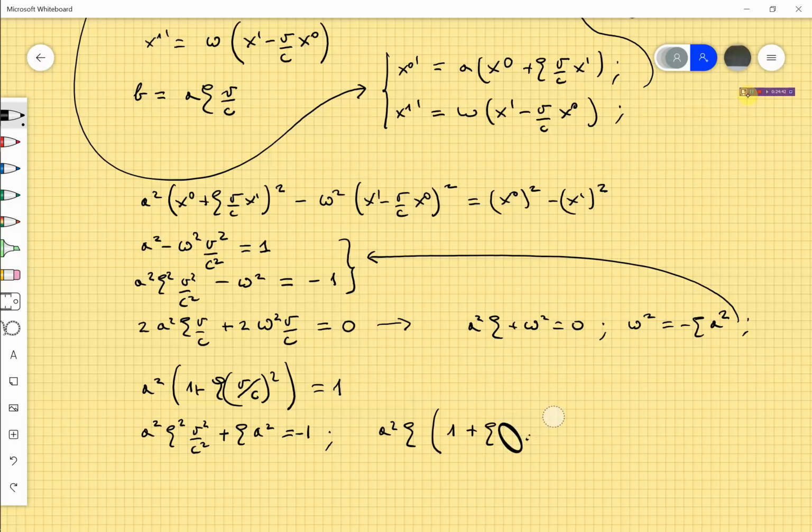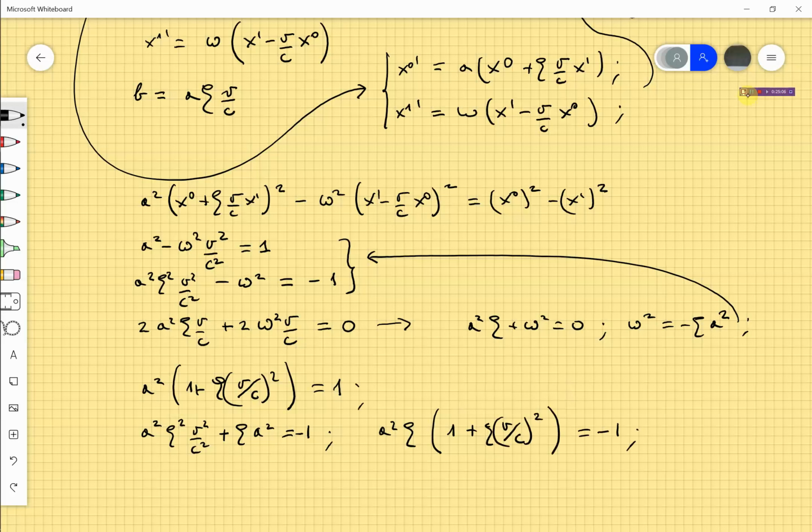Sorry about this. Well, V divided by C, squared, equal to minus 1.